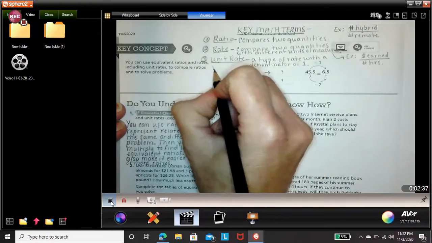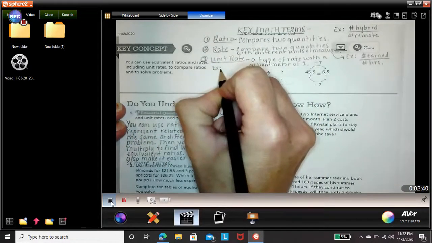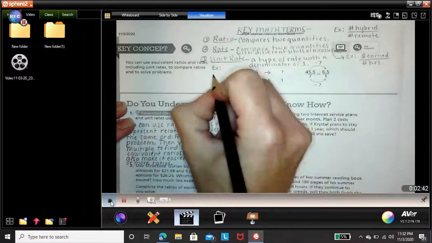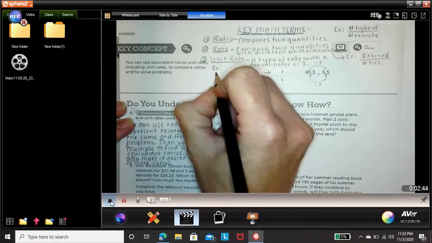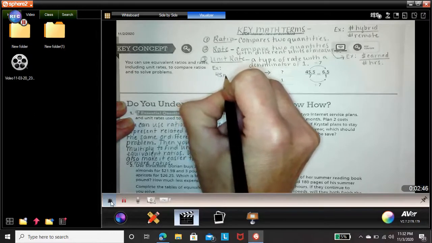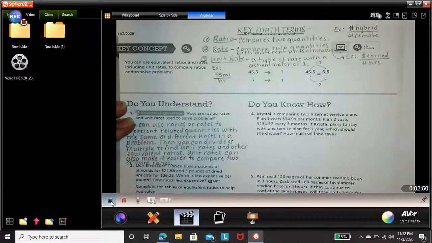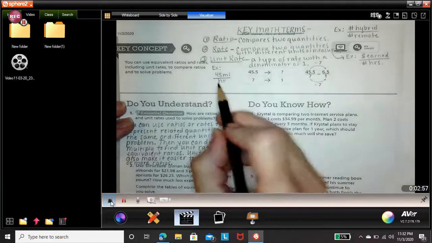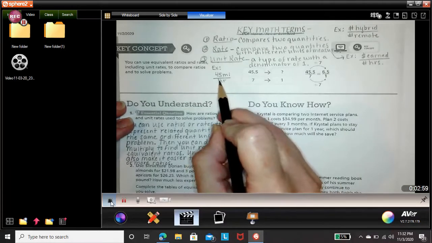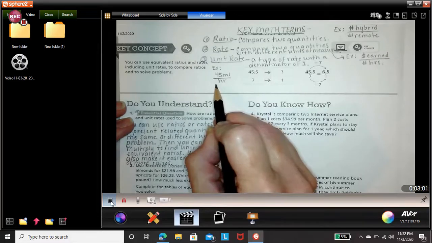And an example of this would be like 45 miles per hour. So miles and hours are very different units of measure. However, the number at the bottom, the denominator, is understood that it is a 1.